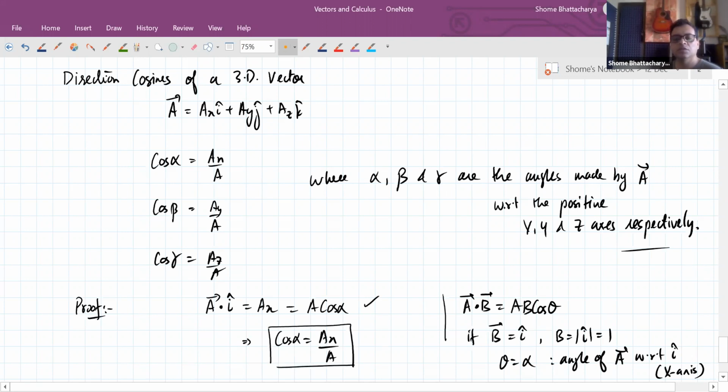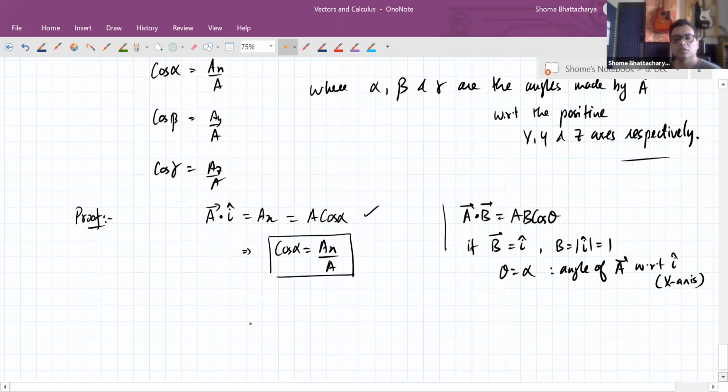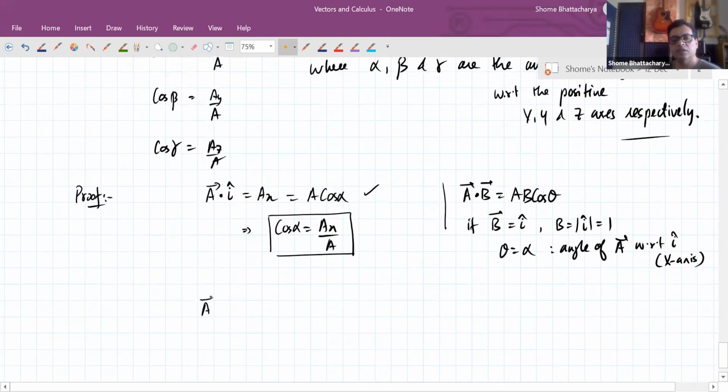And similarly, dot product of the vector A with j cap will give you ay, and by definition that is nothing but a cos beta. Dot product of the vector A with k cap will give you az, which is nothing but a cos gamma.